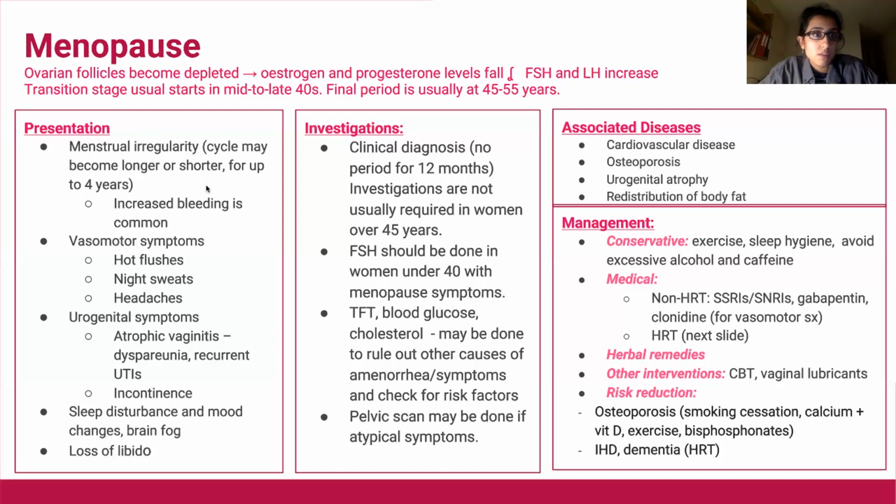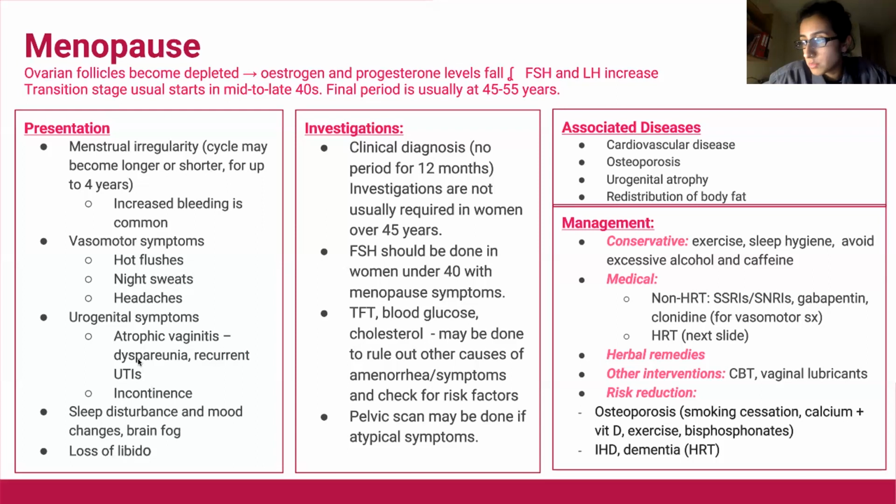In terms of symptoms of menopause, 80% of women usually experience symptoms. However, 25%, a quarter of you, have symptoms that are severe enough to require treatment or require them to present. The most common one is menstrual irregularity. So periods either become longer or shorter, and this can continue for up to 4 years. Actually, interestingly, increased bleeding is also common.